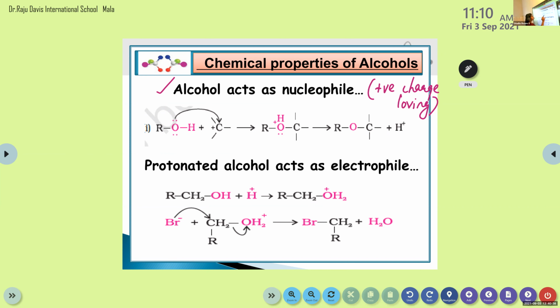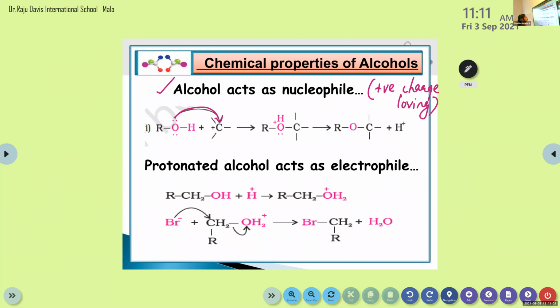The second product formed is just the combination of the two reactants in the first step. The oxygen is attached to the positively charged carbon, that is the second step.